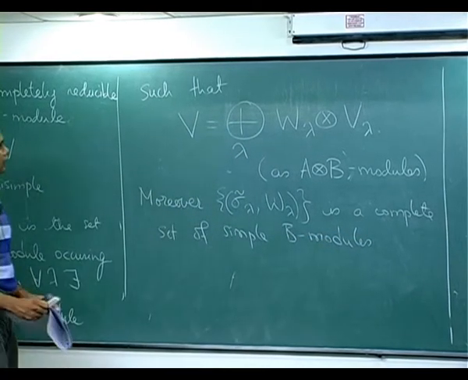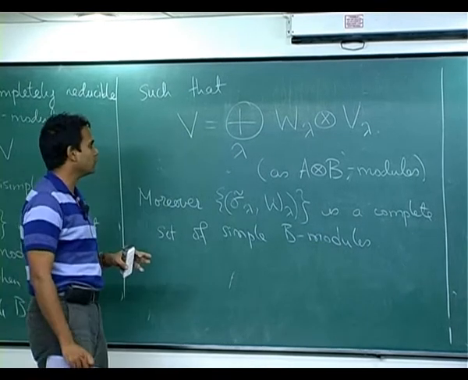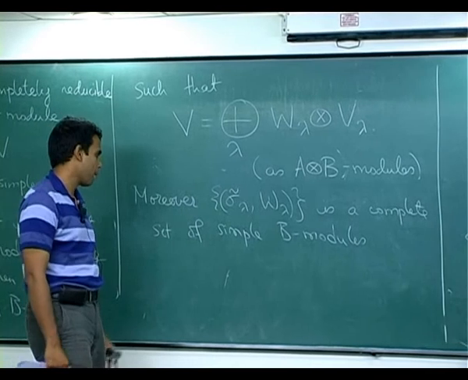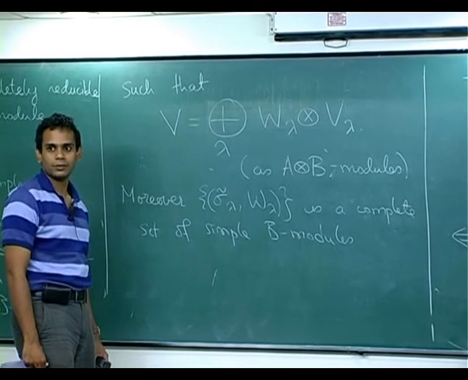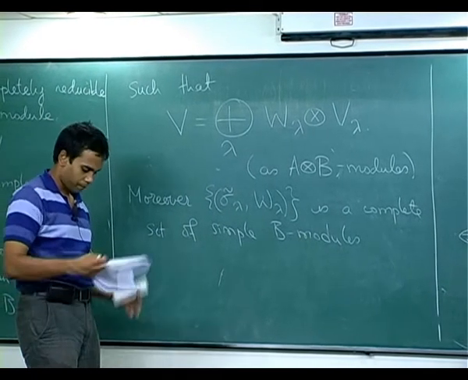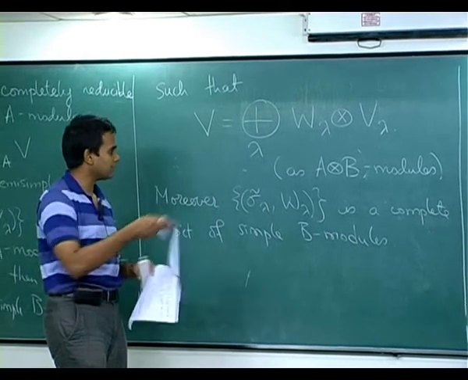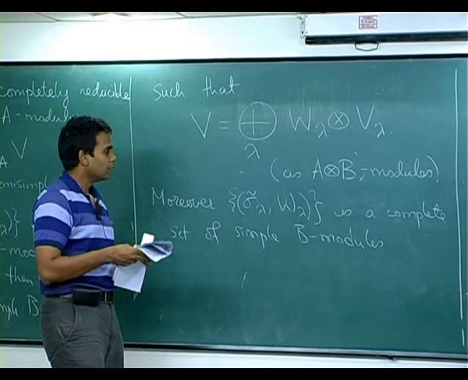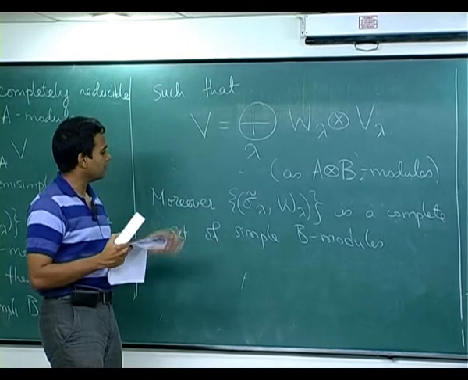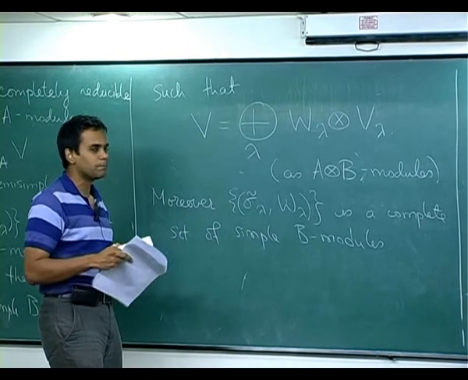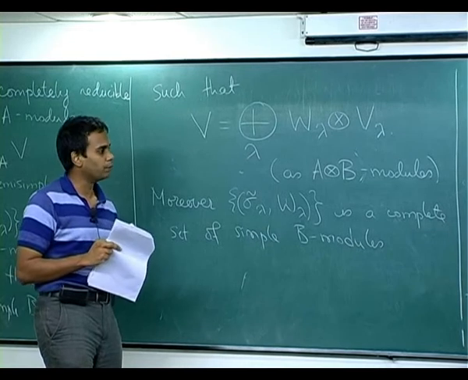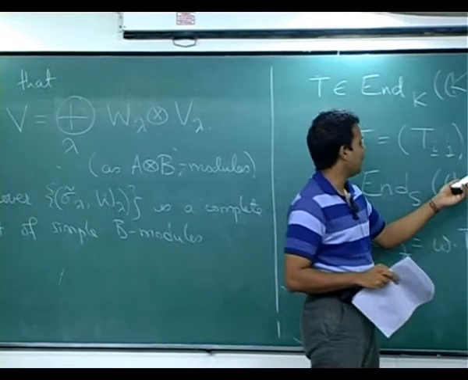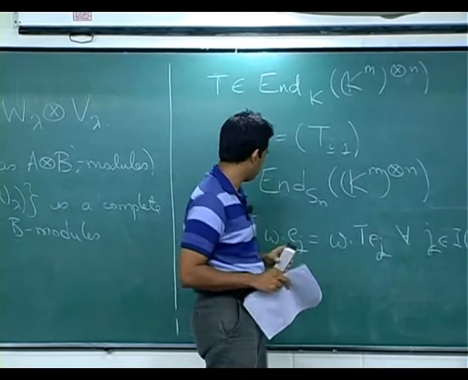Just by knowing the simple A modules which occur in V, you can classify all the simple B modules. And our situation is exactly what we need for applying this. Therefore, the first thing we need to do is to figure out what are the simple representations of a symmetric group which occur in this k^m tensor power n.